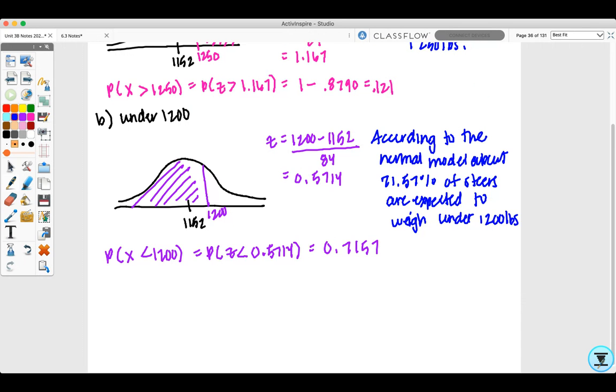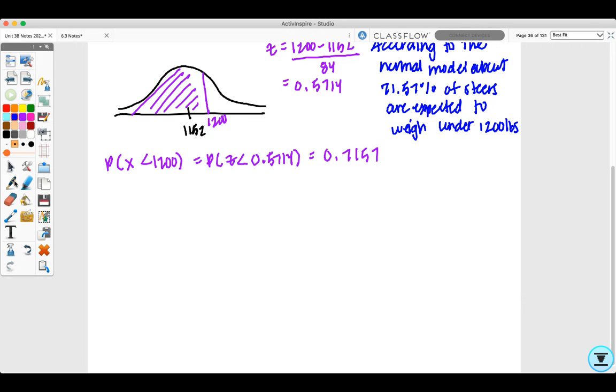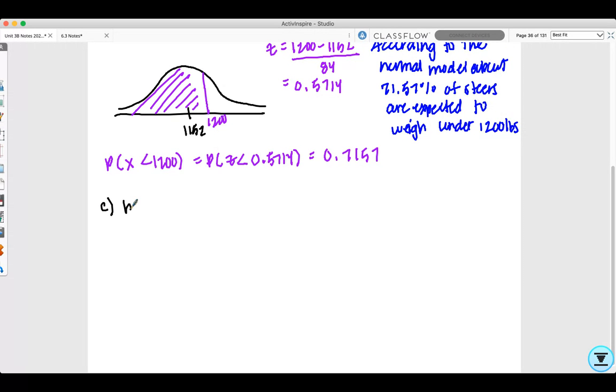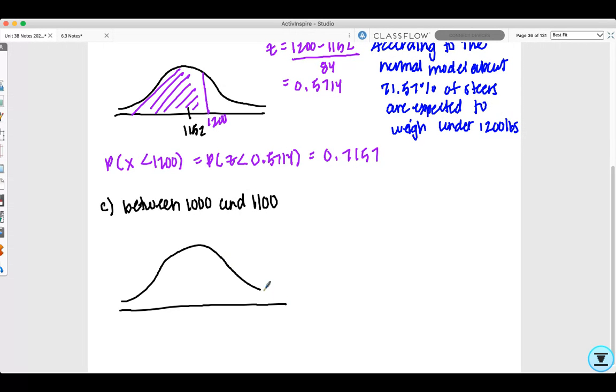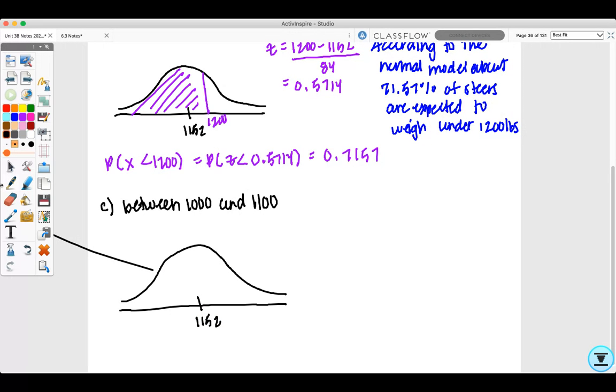And then the last one, C. Between 1,000 and 1,100. Again, you always need to draw your normal curve. My mean was 1,052. This is between 1,000 and 1,100.